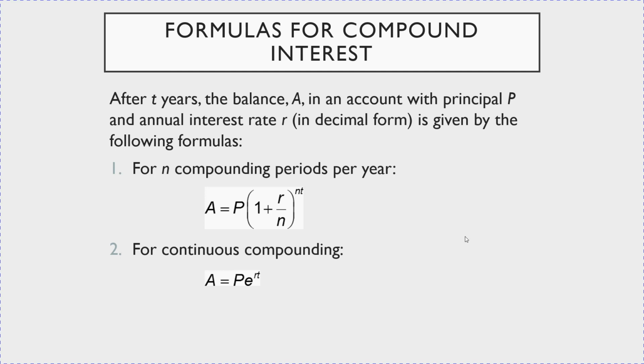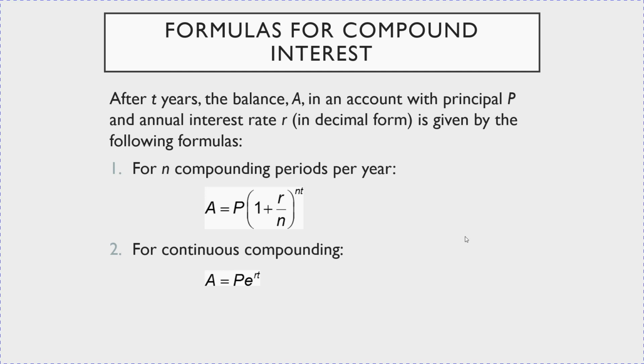So we have two types of compounding interest: compounding periodically or continuous compounding. After t years, where t is the number of years, the balance A, how much money you have in an account with principal P, so principal P is like your initial deposit, and an annual interest rate r in decimal form, is given by the following formulas.